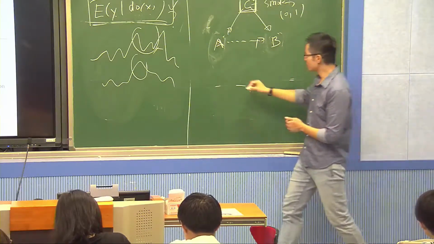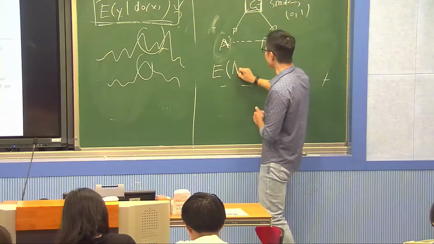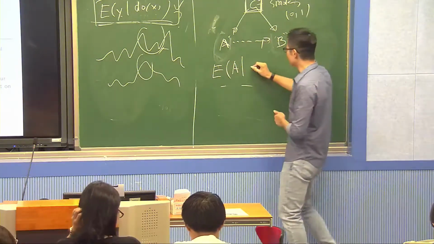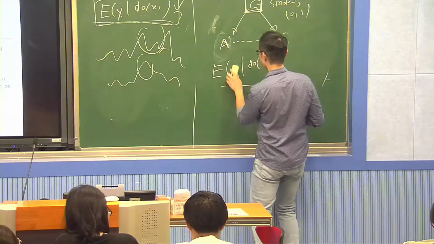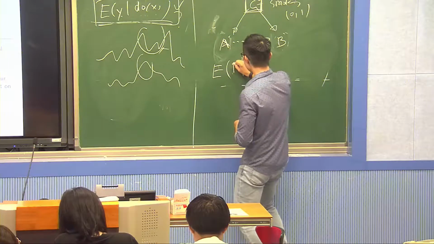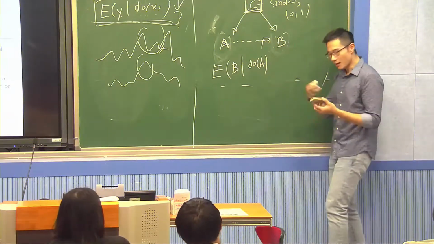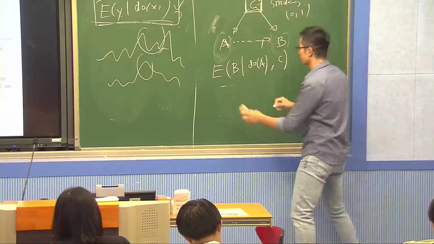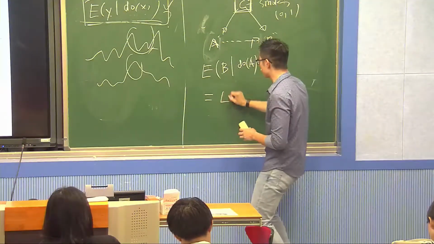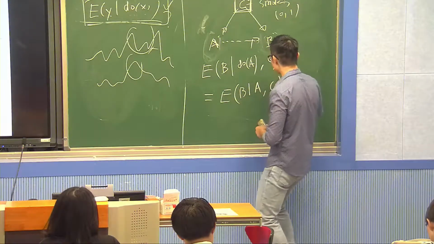So I could write E[B given A]. So I want to know the causal effect of A on B, so E[B given A], but also conditioning on C, is equal to E[B given A, C].